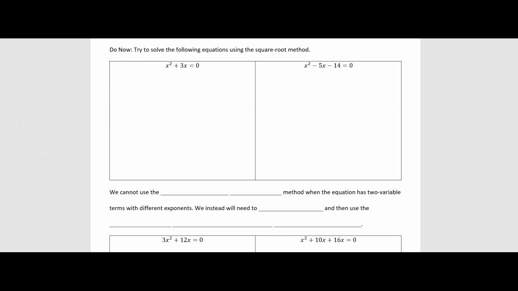The idea here, though, we cannot use the square root method when the equation has two variable terms with different exponents, right? So it has an x squared term and an x term. If they were both x squareds, well, then we could combine them and just have an x squared, but they're different. One has an exponent of 2, one has an exponent of 1.